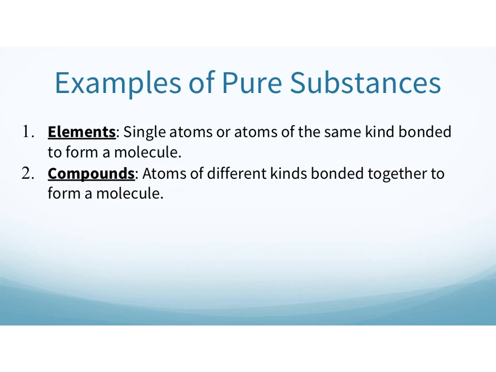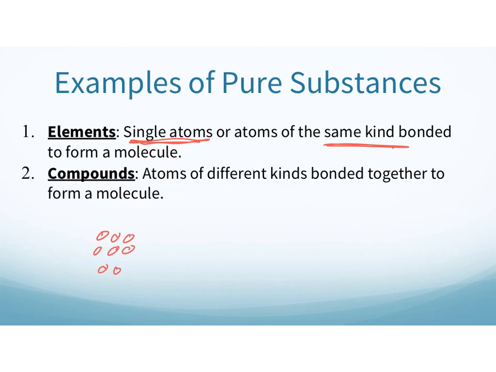Pure substances can be either elements or compounds. If I'm looking at a diagram on a microscopic scale, where I can actually see the atoms, elements are either going to be single atoms or atoms of the same kind that are bonded together. An example of an element that's a single atom might be gold. So I would have single atoms of gold all next to each other.